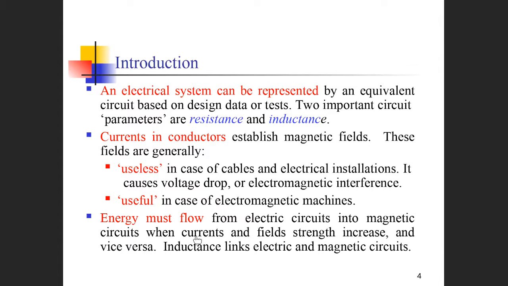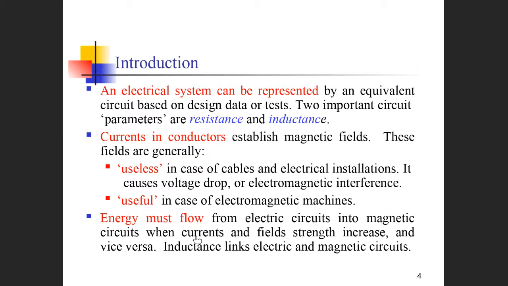In the electric circuit, you may have the current producing the magnetic field, on specially designed conductors. So when the current and magnetic field increase, that means there is energy flowing from the electric source to the magnetic circuit, from batteries to magnetic coils.